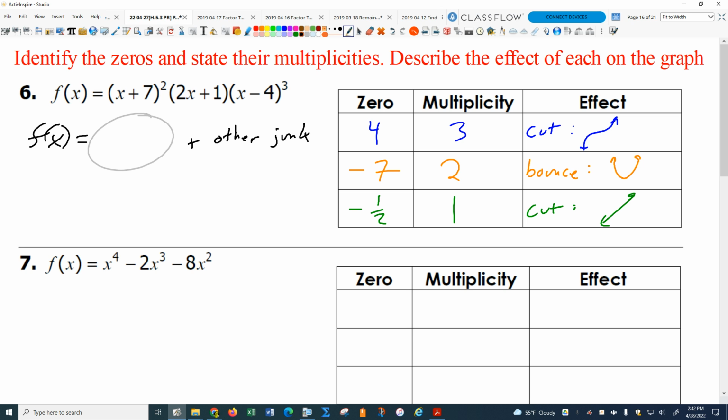Let me take each of these separately. I need a little more space for this because I really want to make this point.